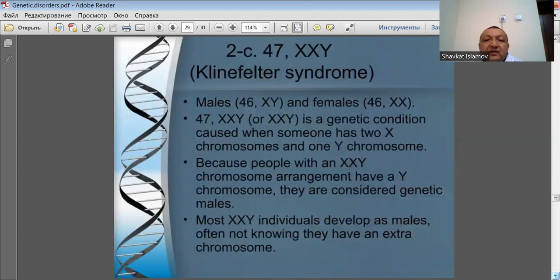2c. Klinefelter syndrome. Males are 46,XY and females are 46,XX. Klinefelter syndrome, 47,XXY, is a genetic condition caused when a person has two X chromosomes and one Y chromosome. Because people with an XXY chromosome arrangement have a Y chromosome, they are considered genetic males.